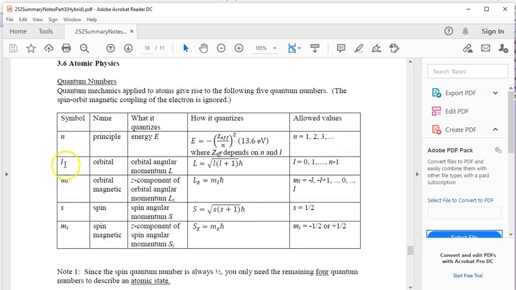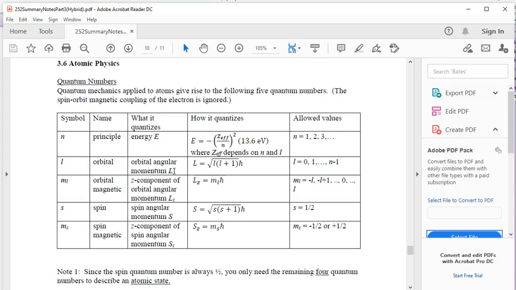That is symbolized by lowercase l, and this is known as the orbital quantum number. Now, what does it quantize? It quantizes orbital angular momentum, which we symbolize by big L. If you remember, Bohr's fourth postulate was that the orbital angular momentum of the electron could only be certain values. He said it was n times h bar.